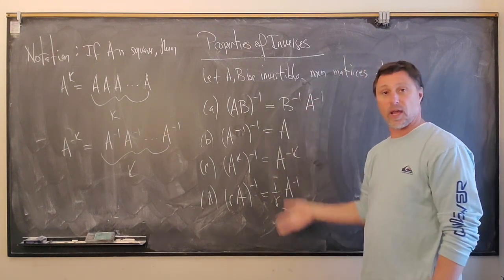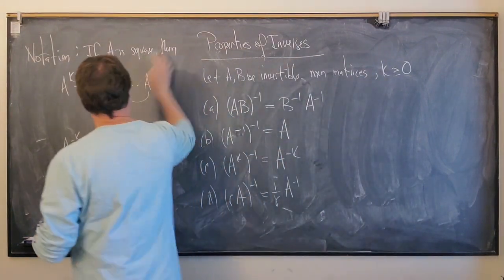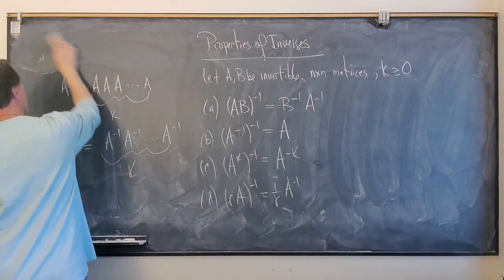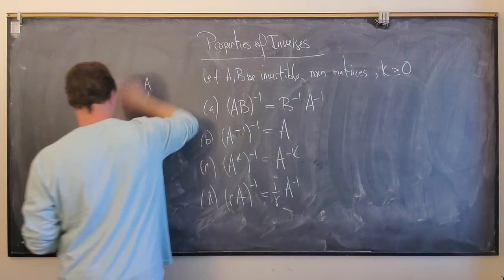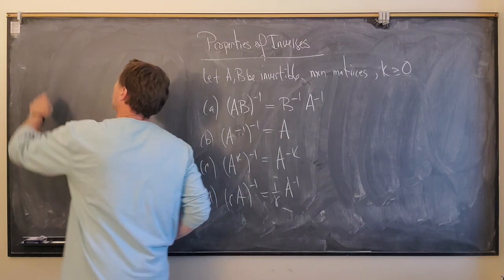All of these are easy to check. I suggest that you do. You can also find this in the book. One more, and then we're going to end with this.